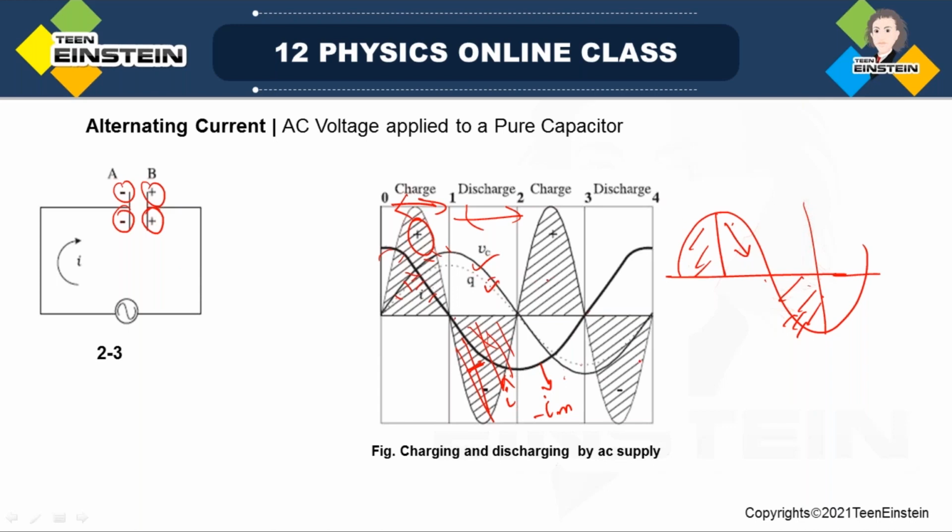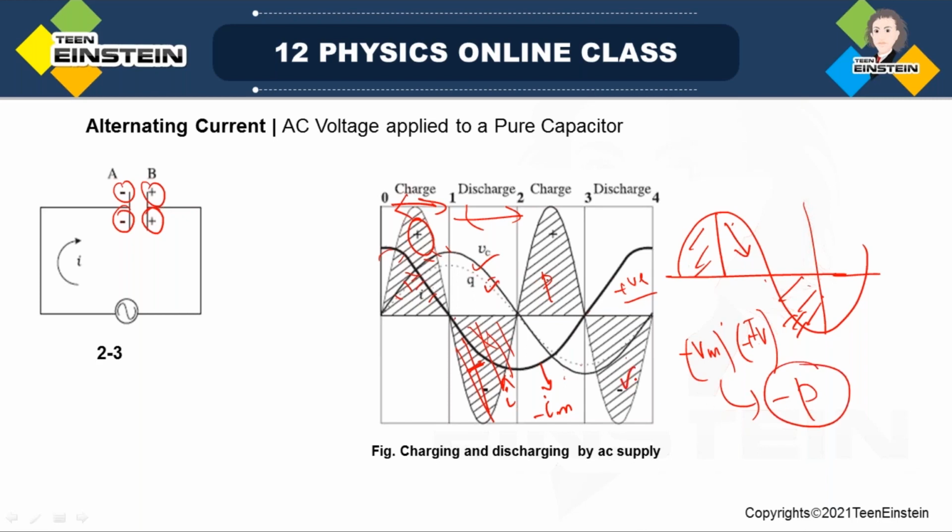All right, so you look here, P is positive. Again, in the fourth quarter, the current is positive and voltage is negative. That means the power also will be negative.